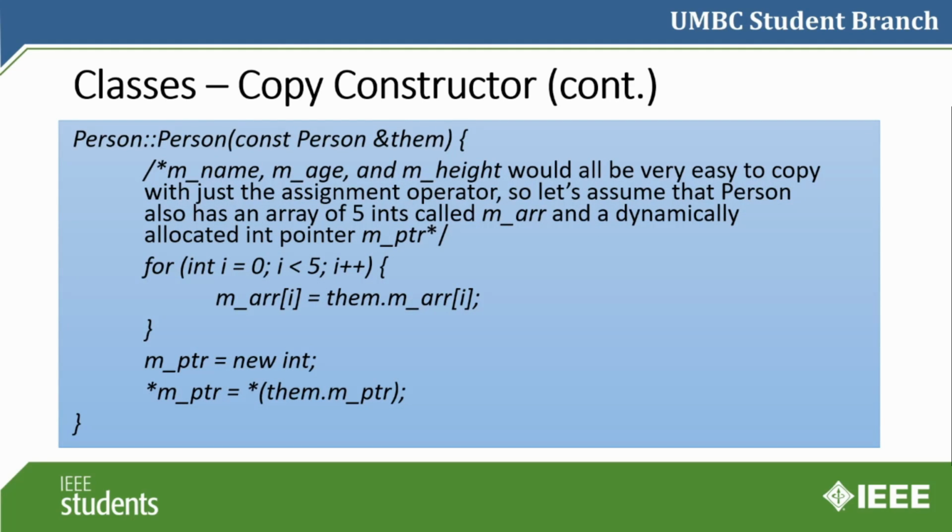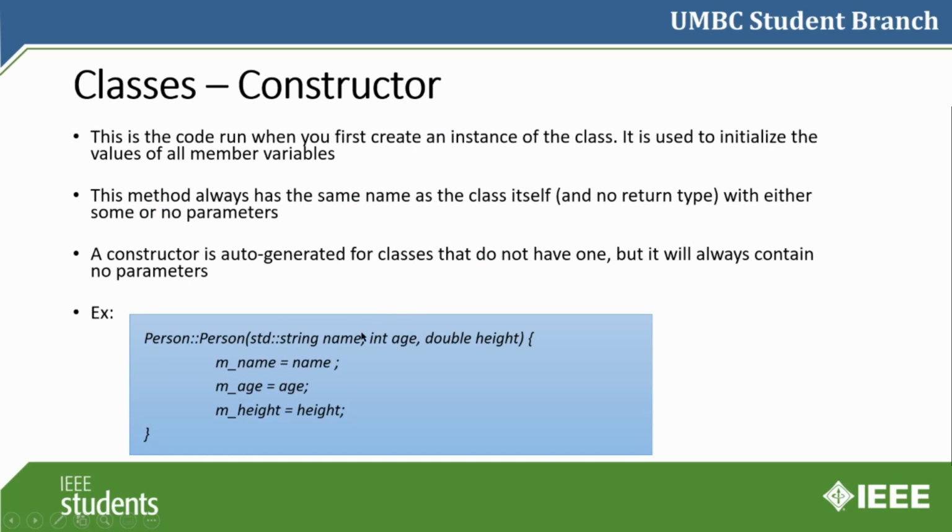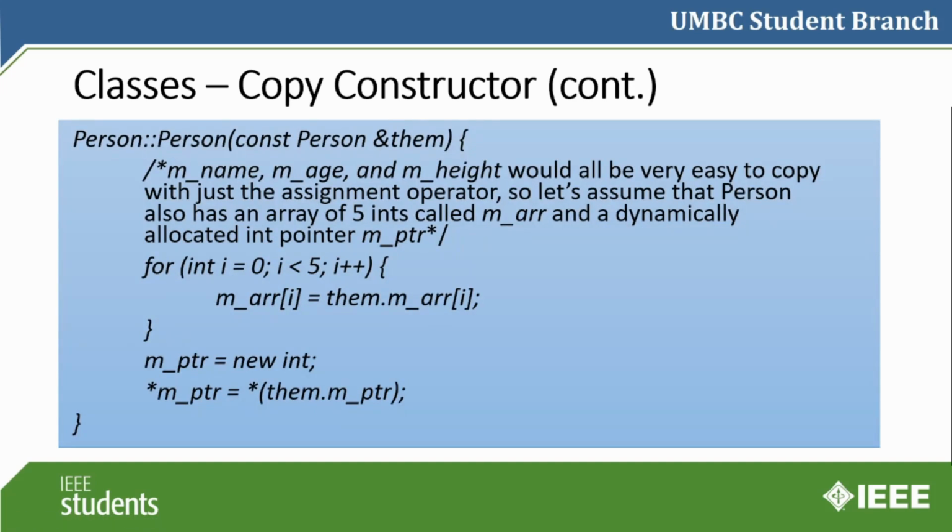The way that the copy constructor works for basic values, like we have for mName, mAge, and mHeight, where all they are is simple primitive data types being stored by the class, if that is all you have, you don't need to create a special copy constructor. The auto-generated one will work perfectly fine for you.